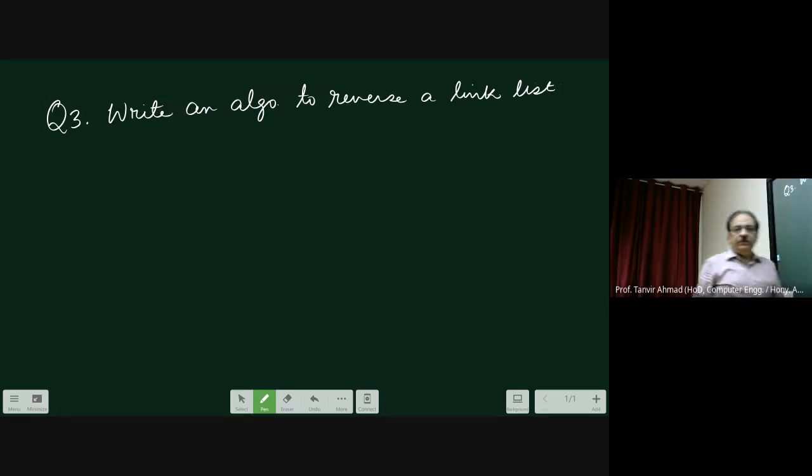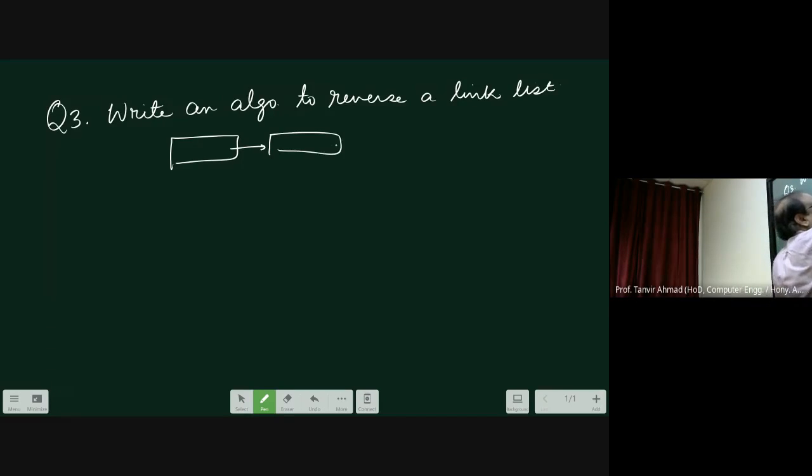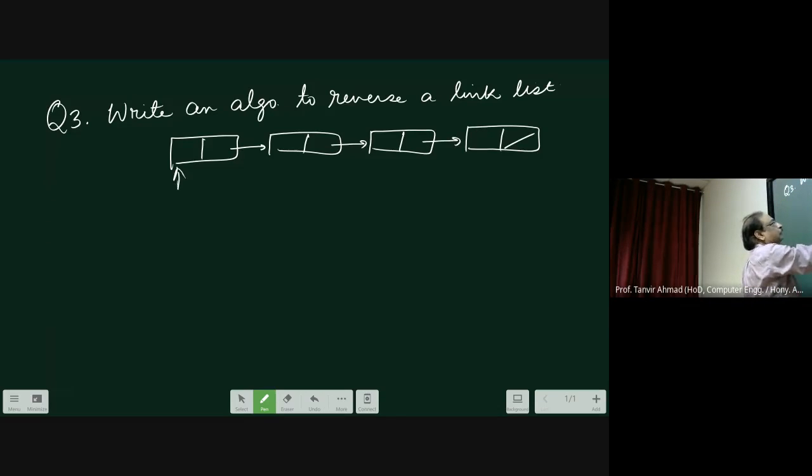Now write an algorithm to reverse a linked list. Now you know that it will be something like this. This is the linked list given to you.